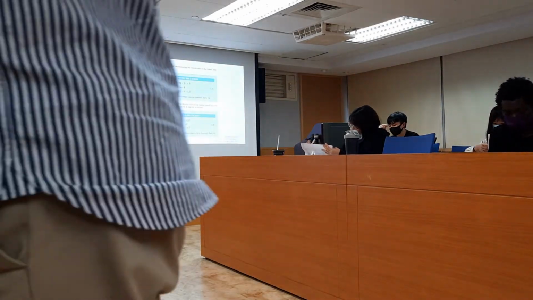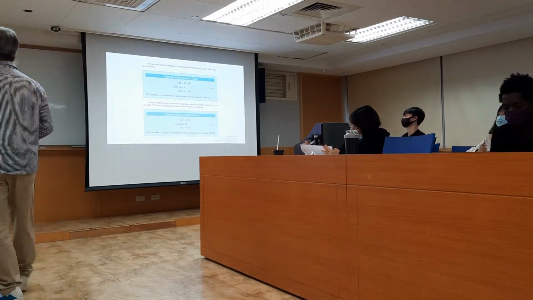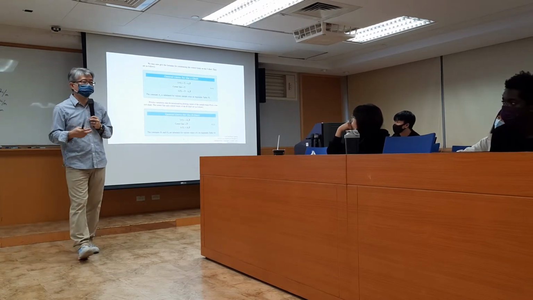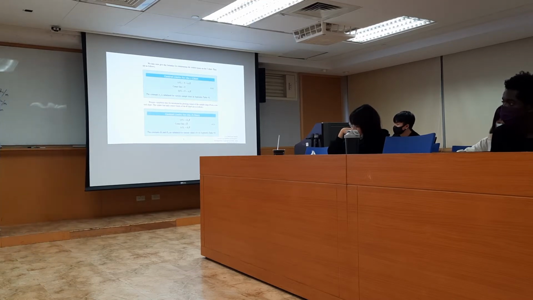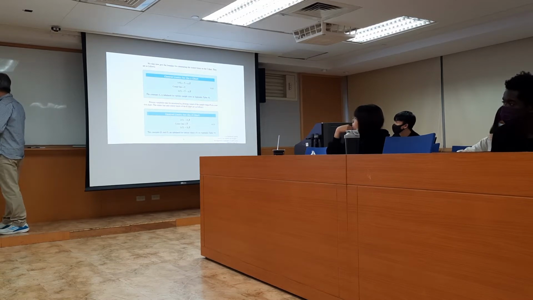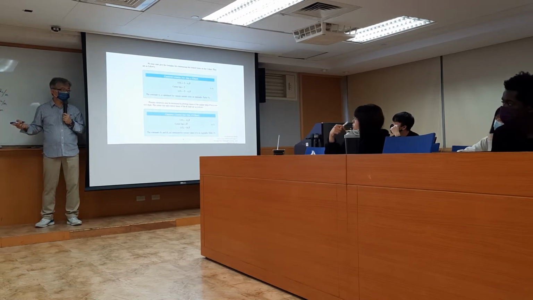Okay? Now let me see where A2 comes from. The upper control limit for X bar is X double bar, the center line, plus 3 standard deviations. However, sigma is unknown.